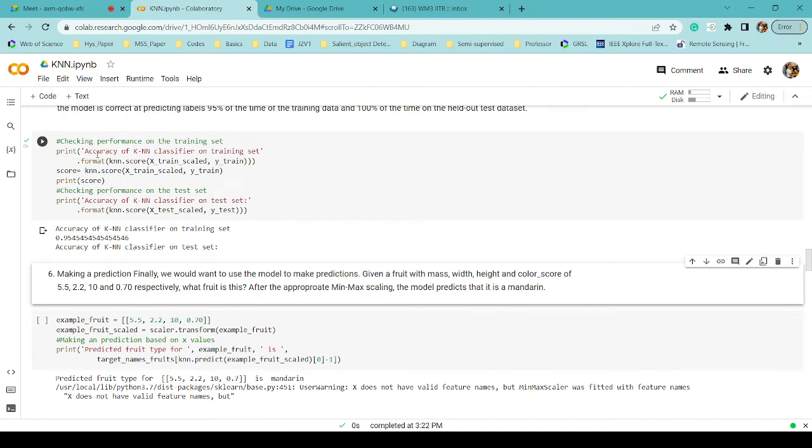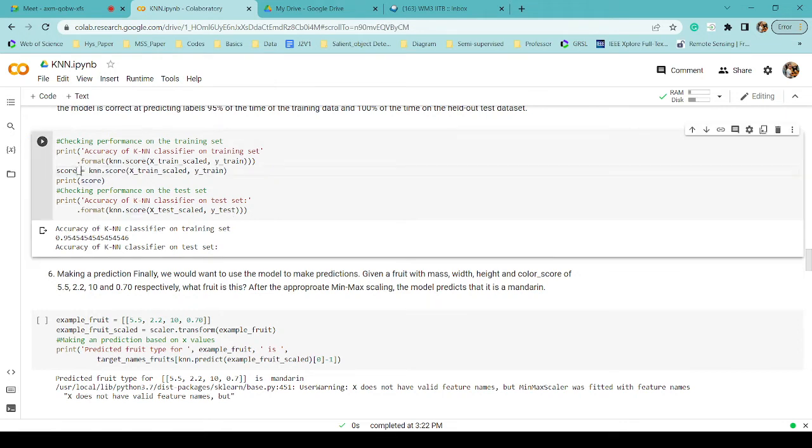Did you see, like this format is not working? So you can see for training I will just write it as score train. Okay. And print score train. Sorry. Yeah. Score train and let's do this.